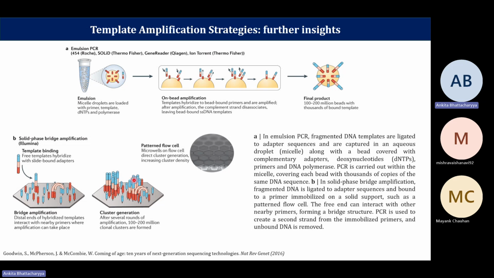And generation of clusters occurs when there are many rounds of amplification. Nearly 100 to 200 million clonal clusters can be formed, which leads to immense amount of cluster amplification or template amplification, which can enhance the depth of your sequencing as well.